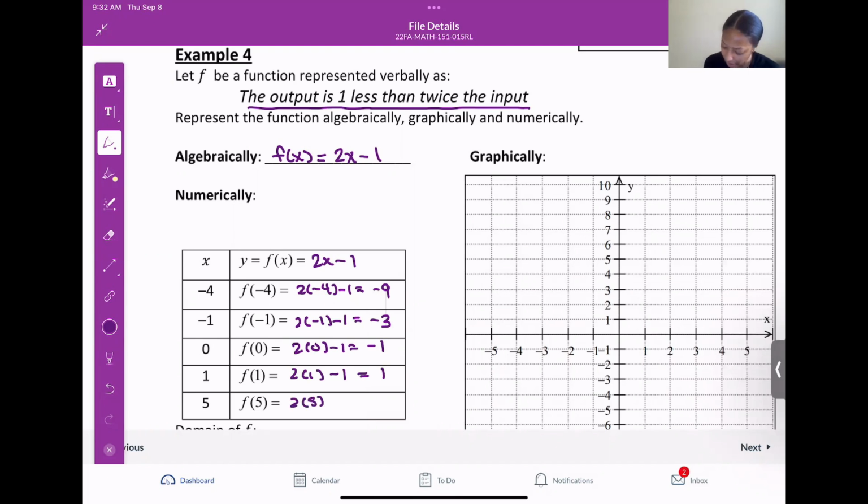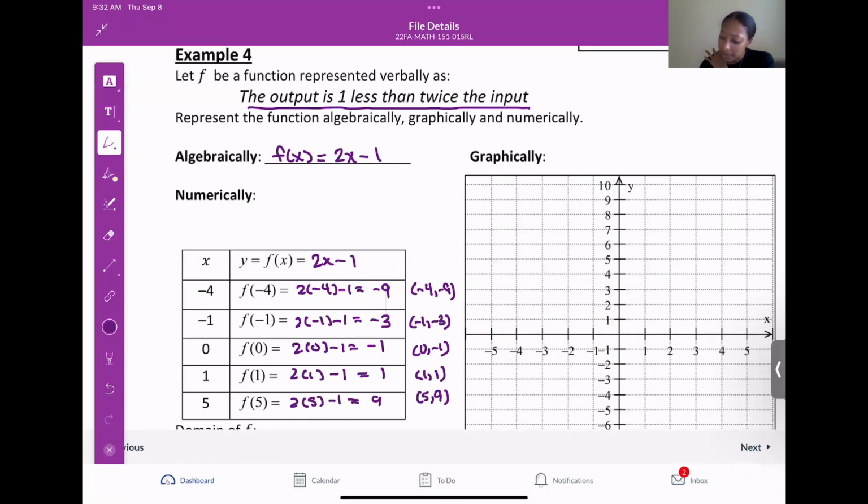And 2 times 5 minus 1, which would be 9. All right, these give us ordered pairs: (-4, -9), (-1, -3), (0, -1), (1, 1), and (5, 9).